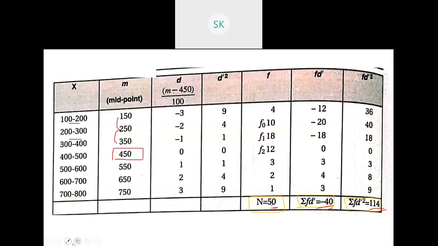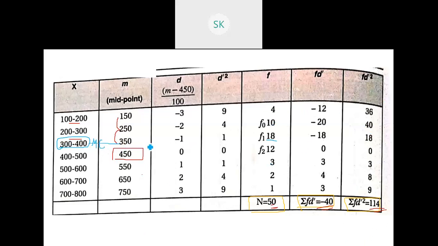Now if 18 is the highest frequency, what is the corresponding class interval? The corresponding class interval is 300 to 400, which means 300 to 400 is the modal class. For calculation of the mode using the formula, we have to define the frequencies.